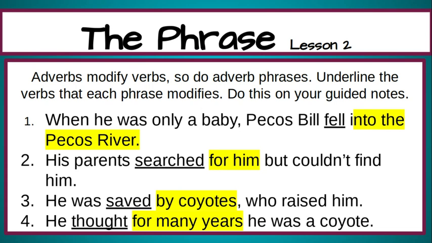I can say, into the Pecos River, Pecos Bill fell, right? I can move that around still. Look at number two. For him, his parents searched. Now, that might not sound so great and it might not sound natural, but I can still do it, and the sentence still maintains its meaning. I haven't changed its meaning by moving around that sentence.